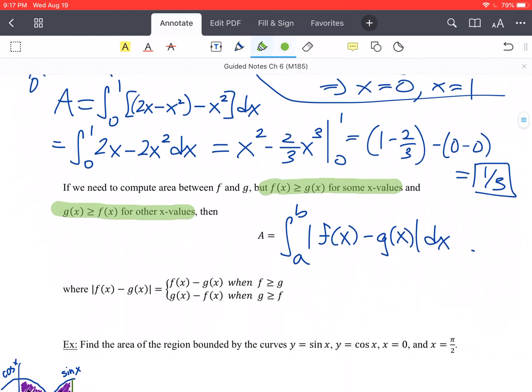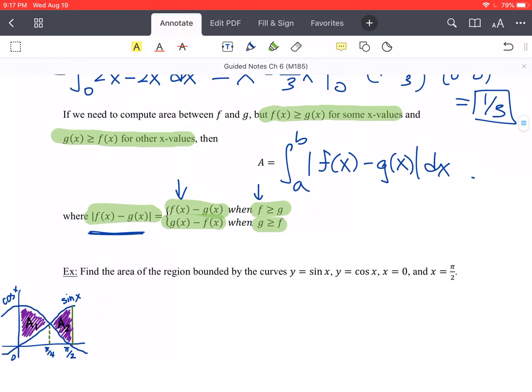This is where the absolute value is f minus g when f is bigger, and it's g minus f when g is bigger. So by setting up the absolute value this way, we're guaranteeing that the top function will always come first. Let me say that one more time: by setting it up using absolute value, we're guaranteeing that the top function will always come first.